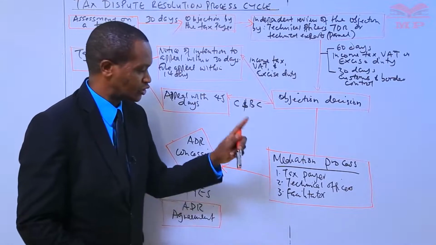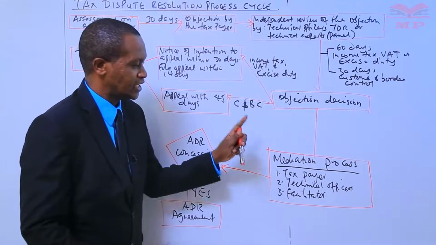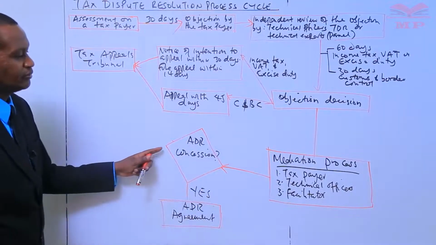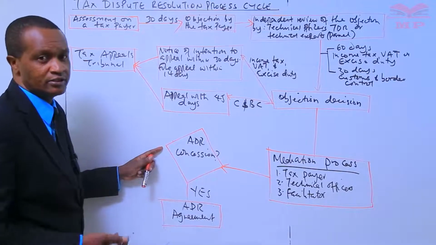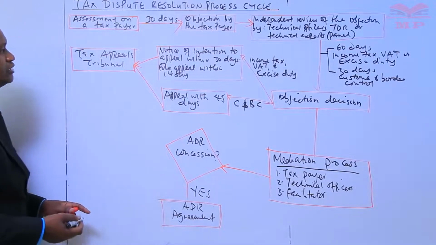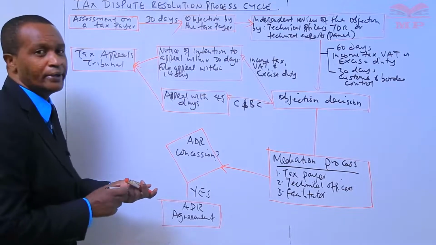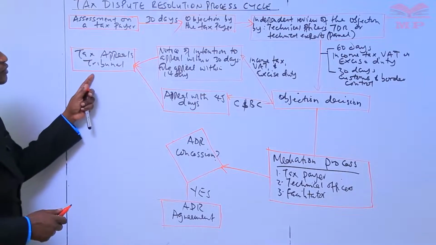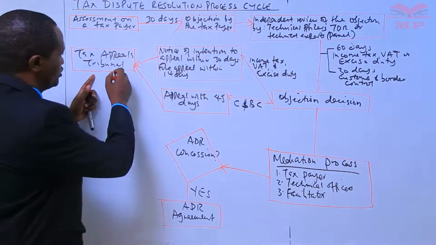The taxpayer is not bound by the decision made at the mediation process. So the taxpayer still has room for appeal. The taxpayer may choose to appeal the decision to the tax appeals tribunal.